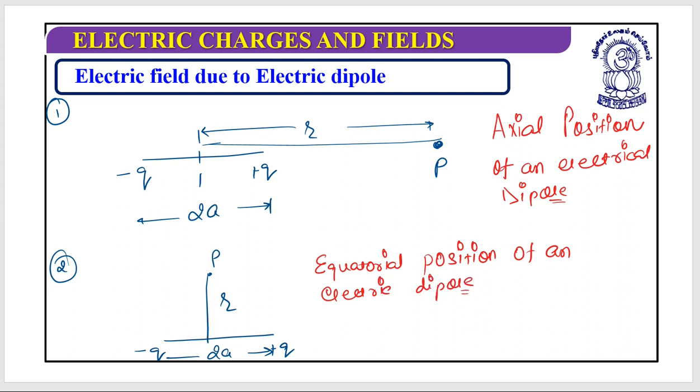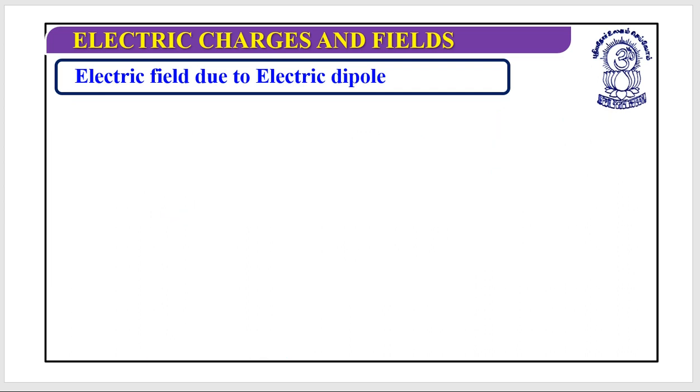So on a primary note, we are going to discuss these two positions, the axial position and the equatorial position, and next we will go to the applications of these two positions. It's the electric field due to a dipole at any point p. So first let's look at the electric field due to these two, and let's move to the next slide.